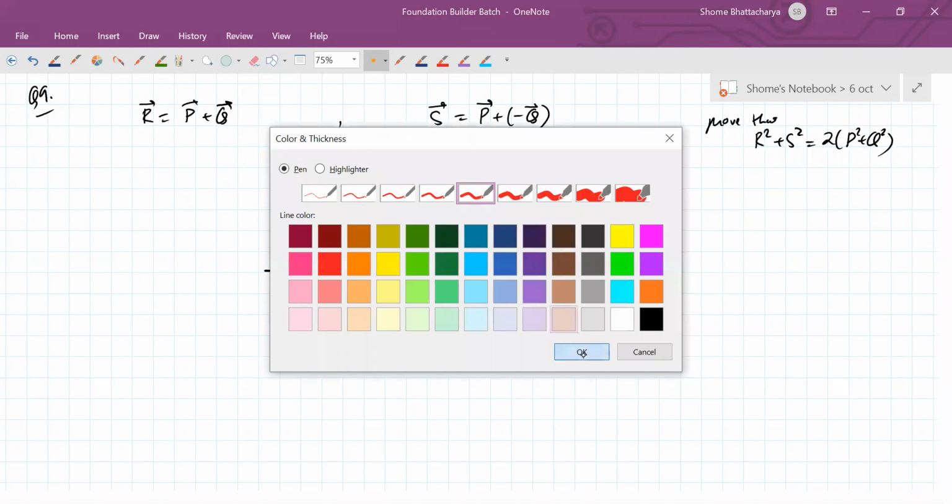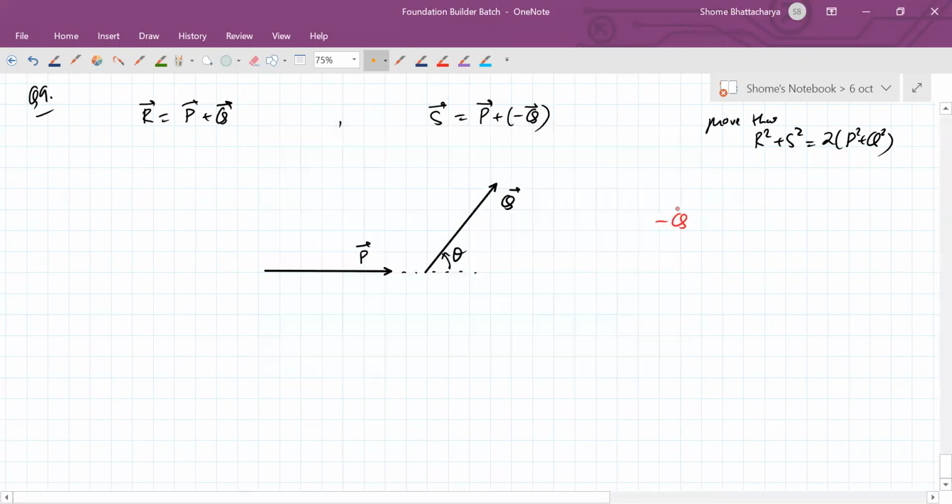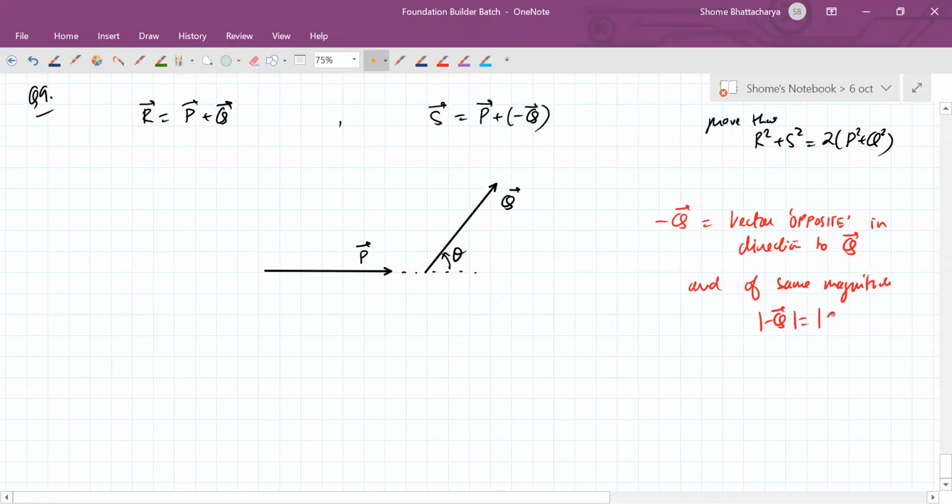So you have to understand that the vector minus Q is a vector opposite in direction to the vector Q and of the same magnitude. Okay, so mod of minus Q is mod of Q only.